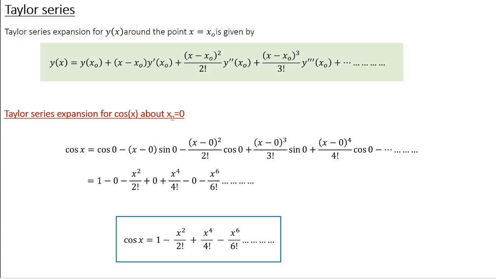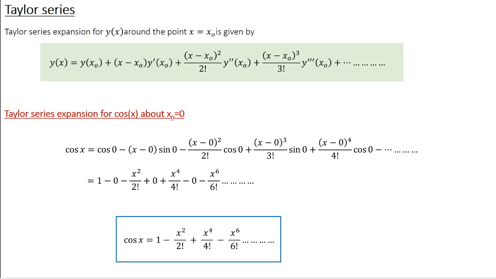So for all practical purposes, you can stop with the first 5 or 10 terms or first 10 or 20 terms, because even though you have all other higher order terms, when you look at the magnitude of all those terms, it's going to be very small. At the end of the day, they are not going to improve the accuracy of your solution. So when you write a computer program for this kind of a numerical problem, you can consider only the first 10 or 20 terms and stop with that.